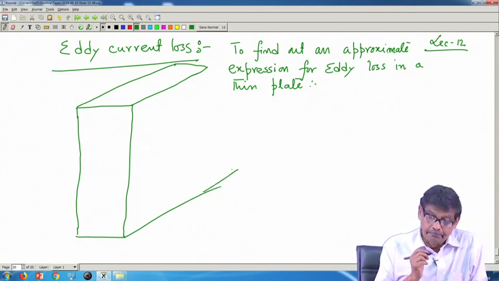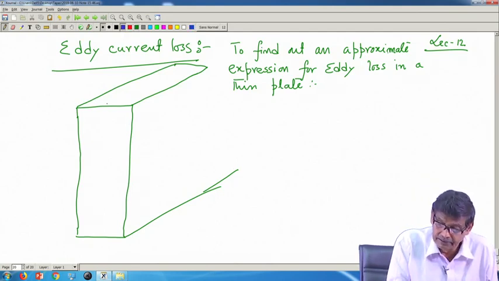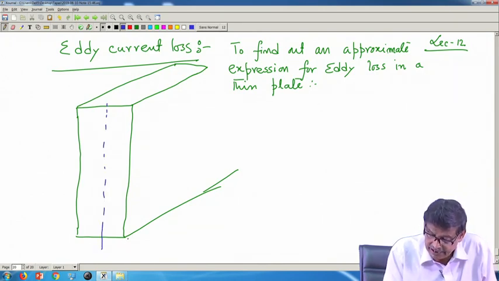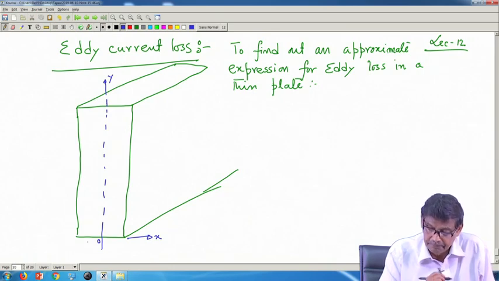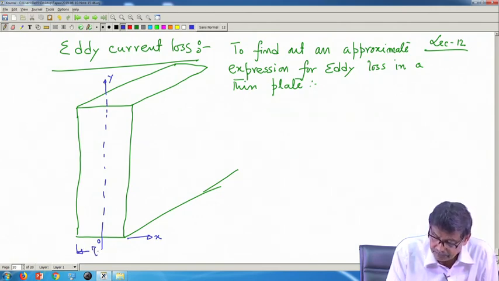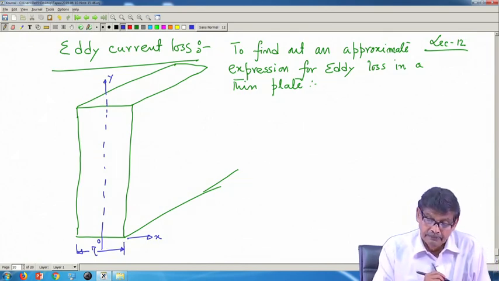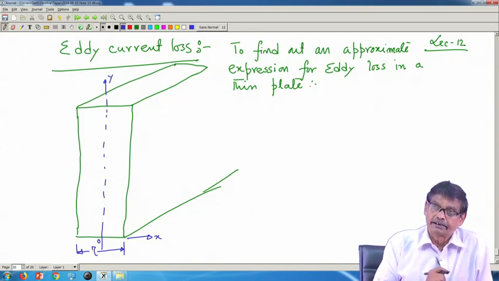Acha. In this thin plate, what we will be doing? We will make x and y axis. I will assign this to be my x axis, and this is my y axis, and this is my origin. And suppose the thickness of the plate is tau. Now, I have to find out an approximate expression of eddy current loss.